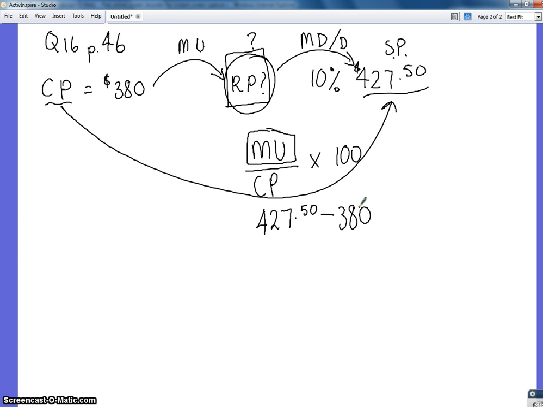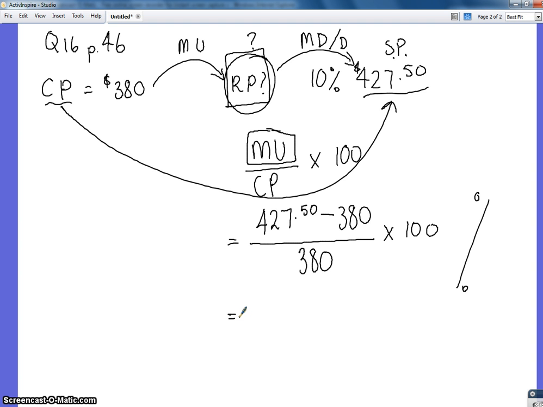The sale price less the cost price gives you your markup price. That's how much it's gone up by. And then you divide that by what? The cost price, which is the start, which is 380, times by 100. The reason we do this is because it'll give you an answer that is a percentage.